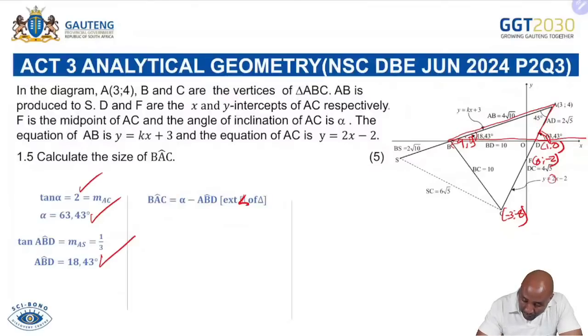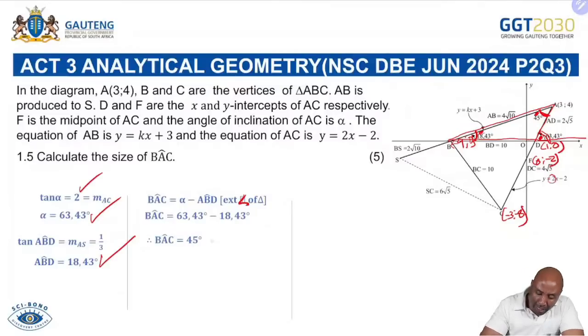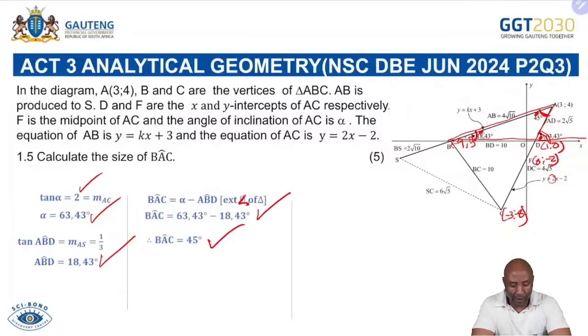So we have this angle here, we want that angle there, and this becomes our exterior angle. It is equal to the sum of these two. We are able to deduce that this will be 63,43 degrees minus 18,43 degrees, and we get BAC as 45 degrees.